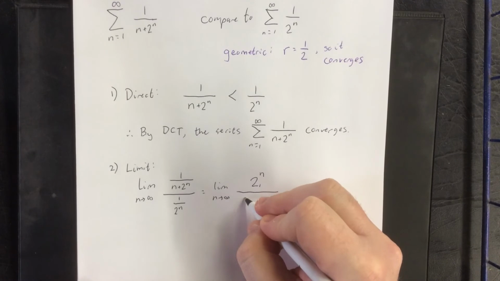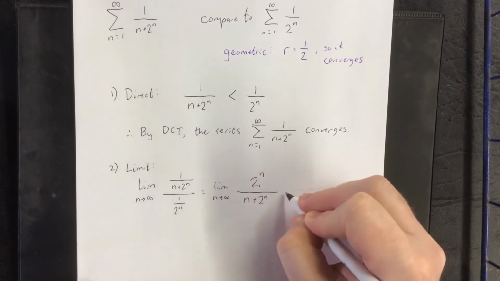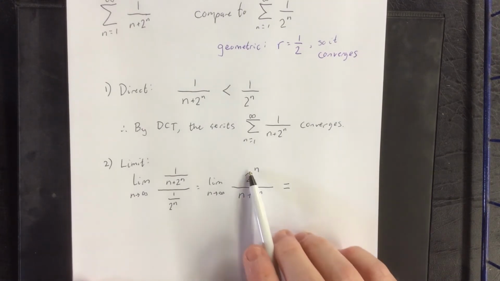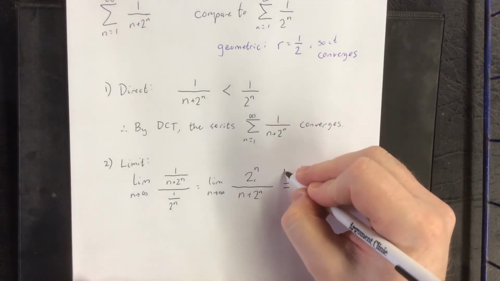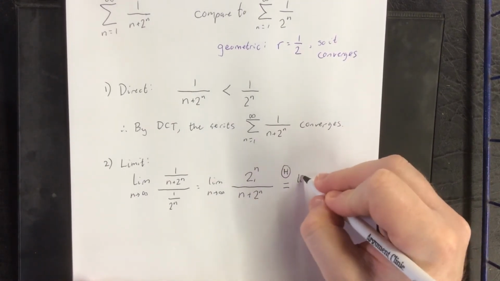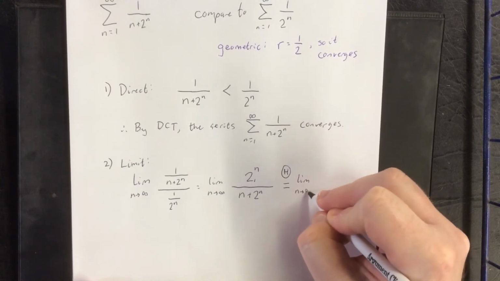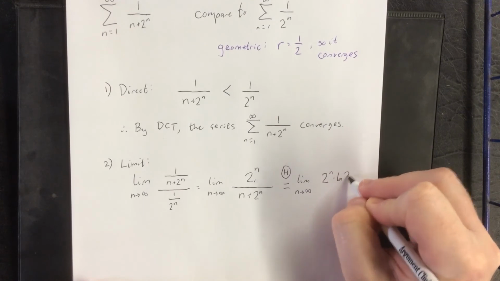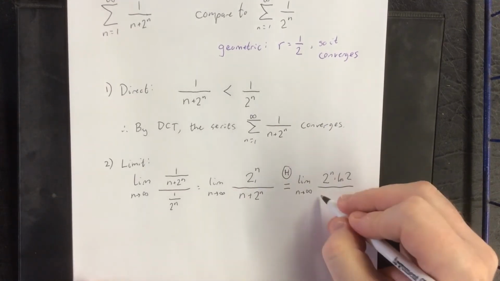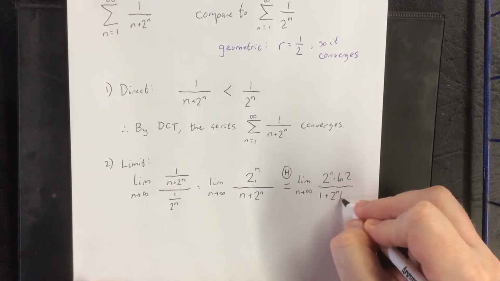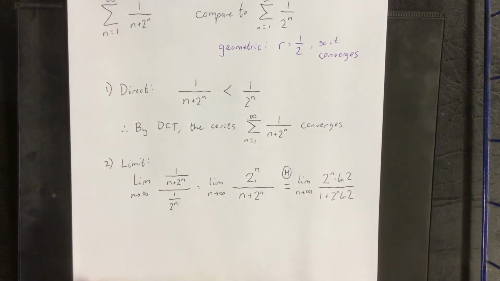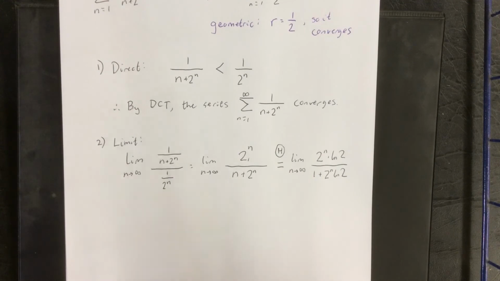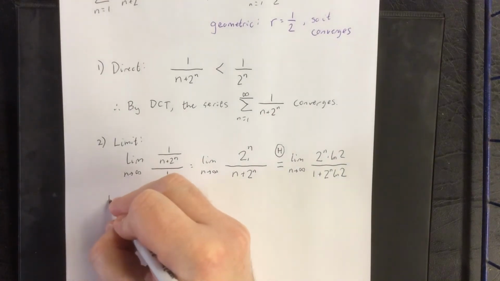That'll be 2 to the n power over n plus 2 to the n power. As n goes to infinity, this is going to be an indeterminate form of the form infinity over infinity, so I'm going to apply L'Hopital's rule. Take the limit as n goes to infinity of 2 to the n times the natural log of 2 over 1 plus 2 to the n times the natural log of 2. This is still an indeterminate form of the form infinity divided by infinity, so I'm going to apply L'Hopital's rule again.